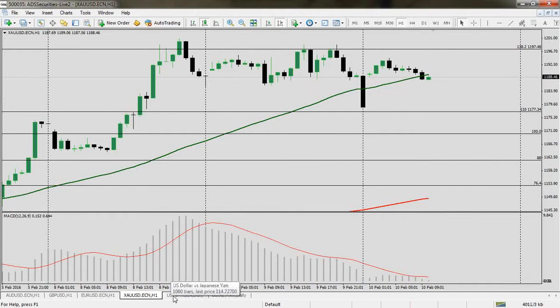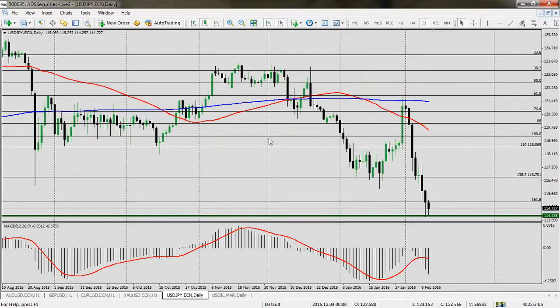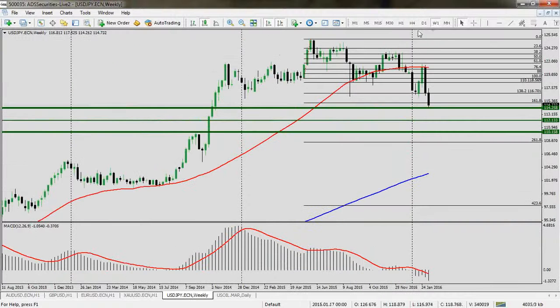yellow metal's price. Now let's move on to USD Japanese yen. I'm going to put it on weekly time frame, and I want to share this with you. I just drew these support lines. The two dark green support lines are major, historic support lines, and the middle one is a minor, but also historic support line.